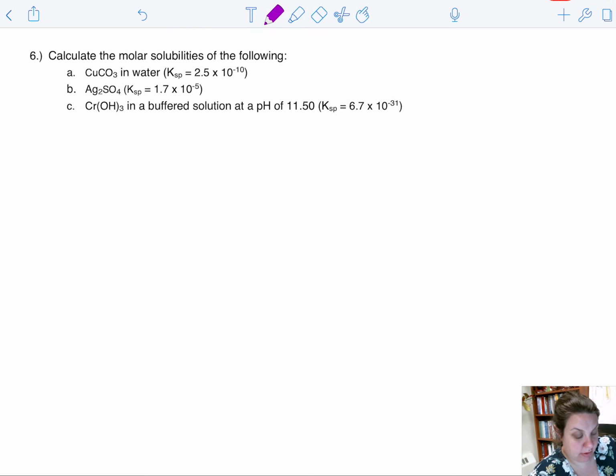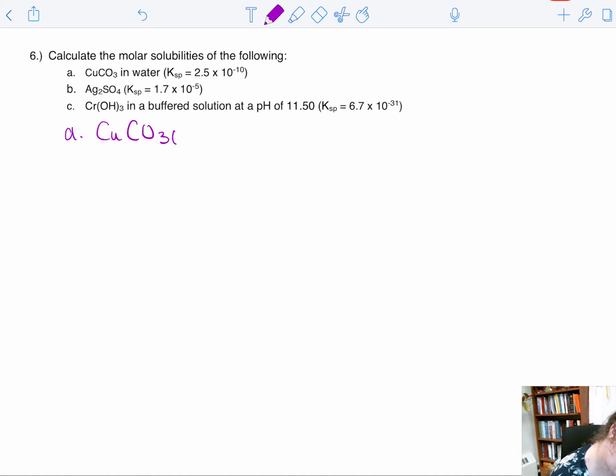Okay, next one, we're going to be relating molar solubility to KSP. So for each of them, we will write out the KSP expression, write out the balanced equation, then our KSP expression in terms of solubility. So first one, we have copper carbonate.